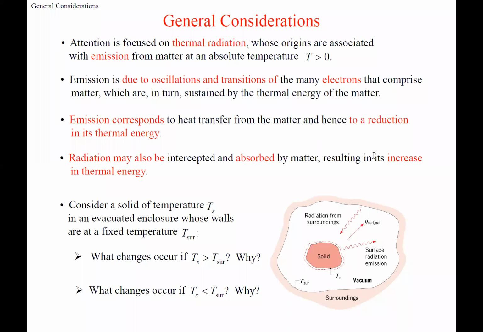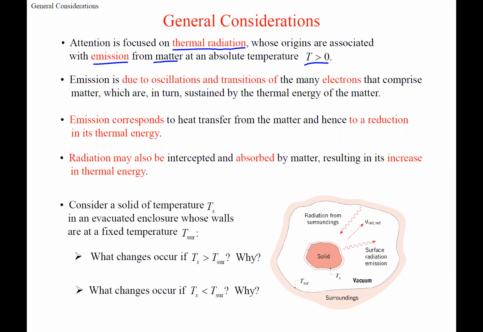we're going to be looking at thermal radiation, right? And any matter that's above absolute zero is emitting. It has emission going on, okay? So if you're sitting at a table, that table's emitting, okay, because it's above absolute zero. Any piece in the room that you're in, it's emitting.